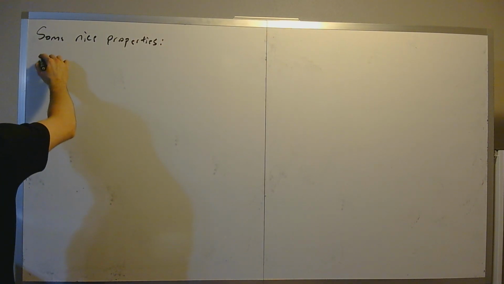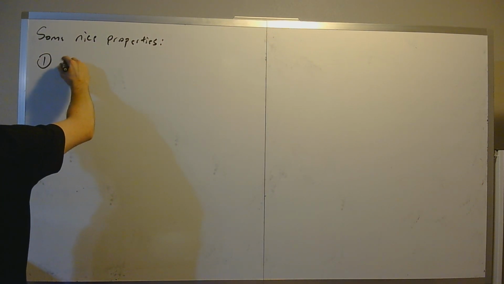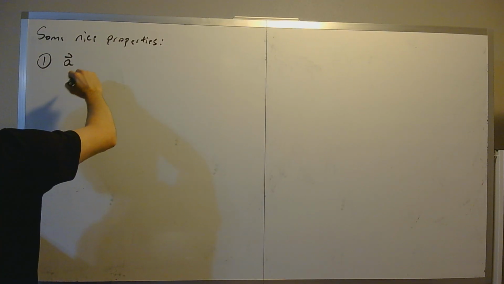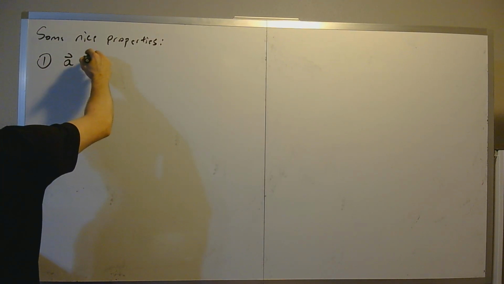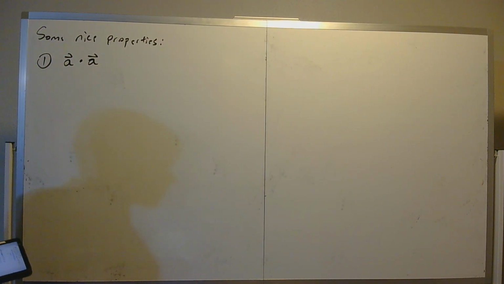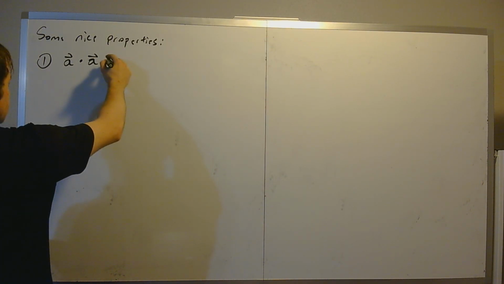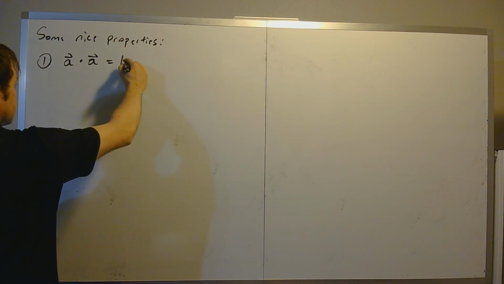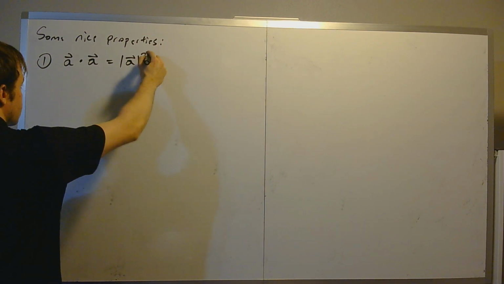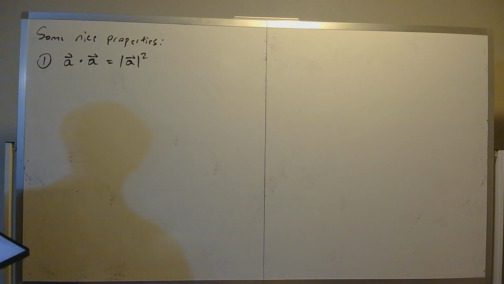For number 1, if you take the dot product of a vector with itself, you can try to think about what happens there. Well, you're multiplying each of the components by itself, so actually what you're going to get is the length of A squared.